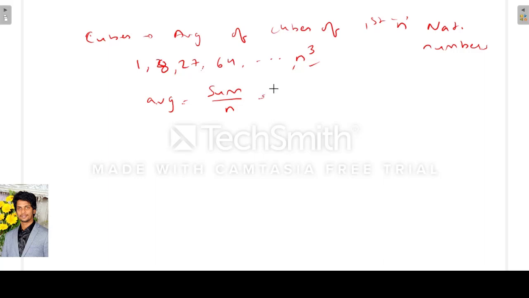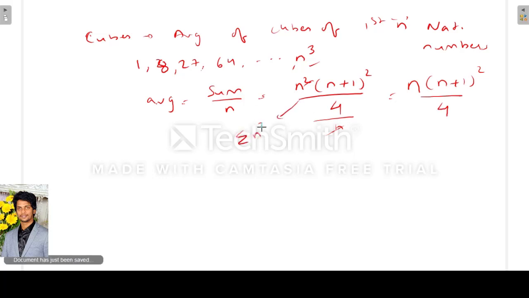You know the formula for the sum of cubes of n natural numbers: n square into n plus 1 whole square by 4, divided by n. So n cancels out, giving n into n plus 1 whole square by 4. This is the average of cubes of first n natural numbers.